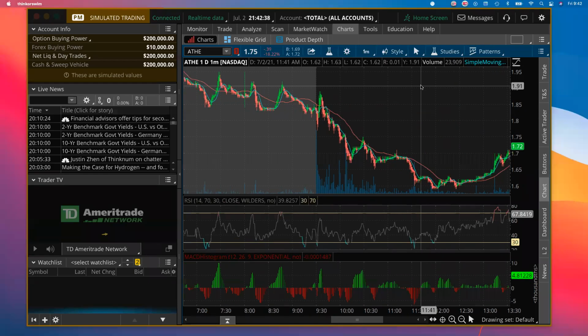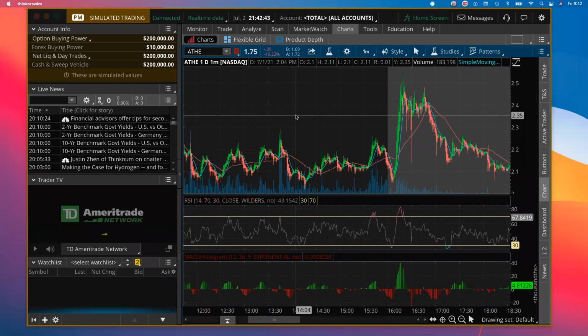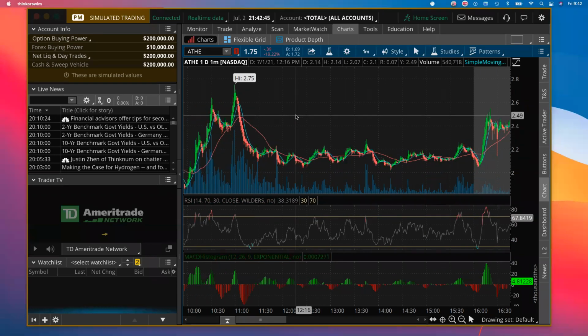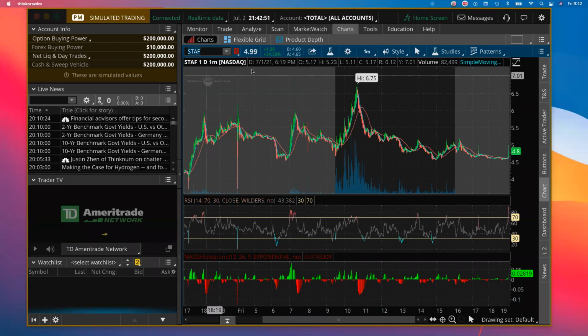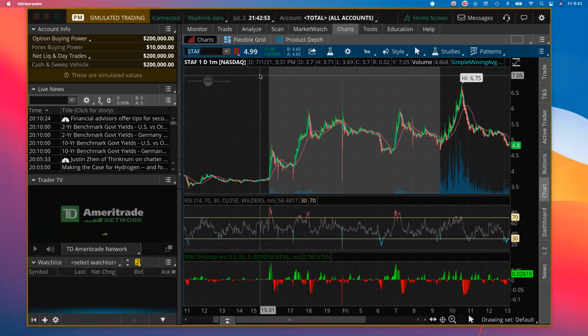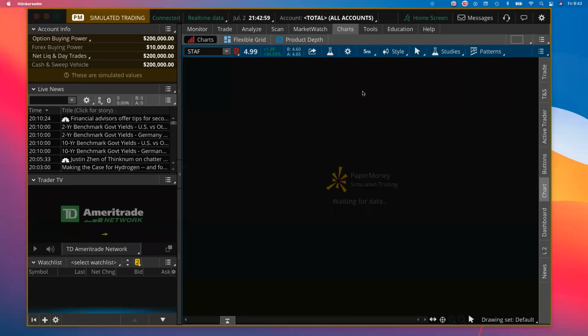But with stocks like this, it's also hard to tell. Even I have a hard time reading meme stocks, because sometimes you could see a stock like STAF that went from pennies, I believe on Friday, to several dollars in one day.